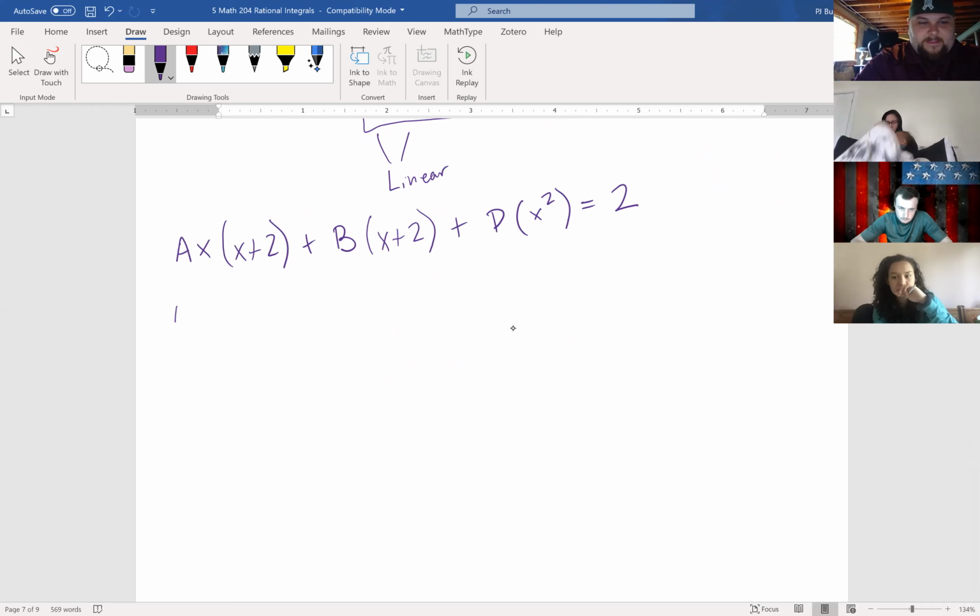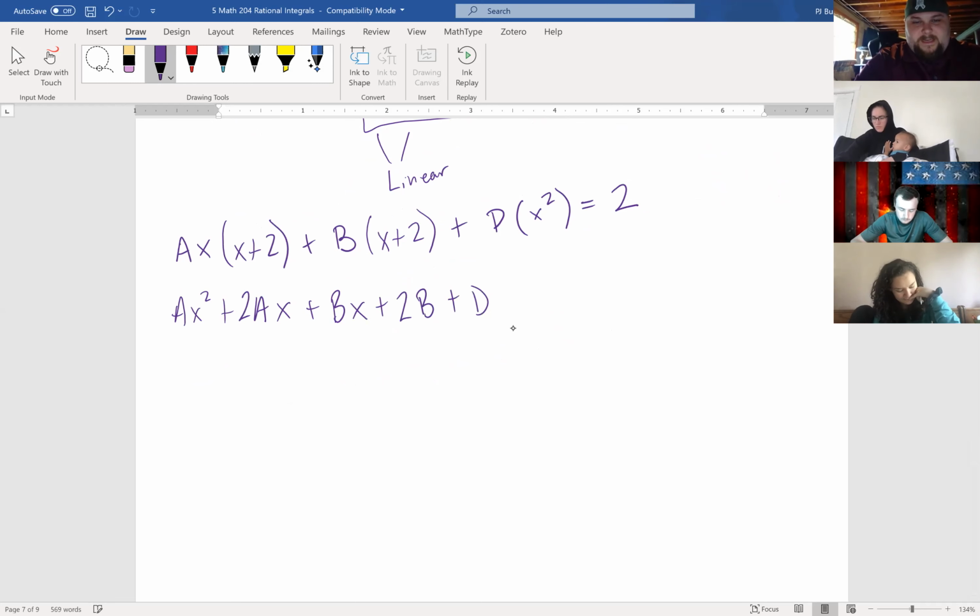I have ax squared plus 2ax plus bx plus 2b plus dx squared, all equaling 2. Put all the x squared terms together. That looks like a plus d, where I got x squared there and x squared there. There are no x squareds on the right-hand side, so this is 0.